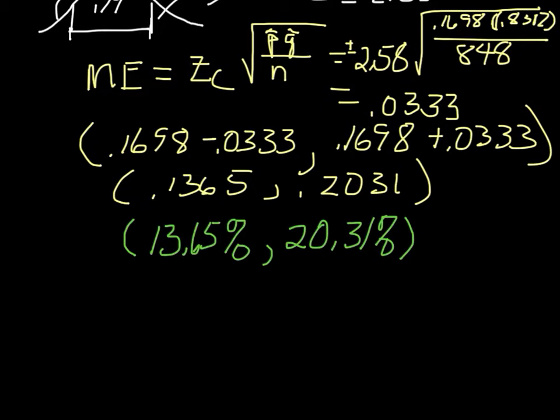Okay? And all confidence intervals for proportions are always in a percentage like this. So you want to keep that in mind as you make the confidence intervals. Notice how I kept everything in decimals until I figured it out, and then I changed it to a percent.